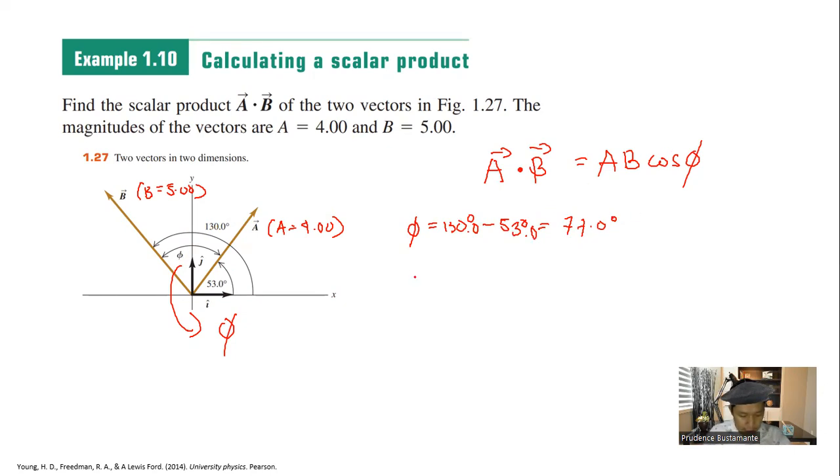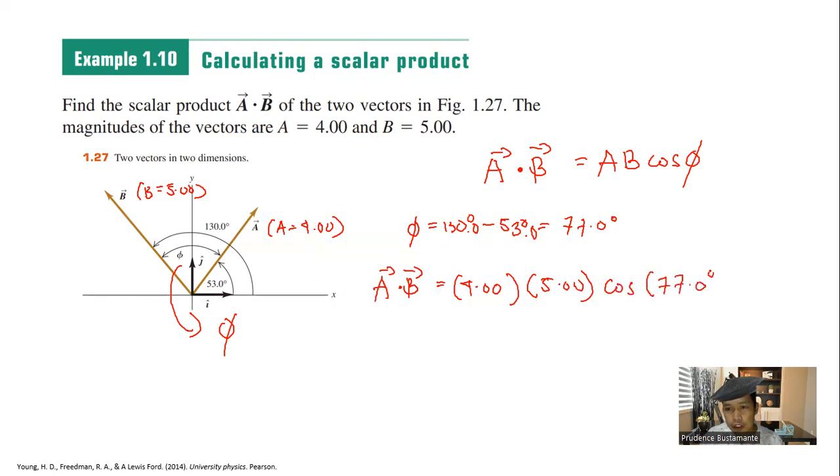We can now answer the question: what is the scalar product, or the dot product, of these two vectors A and B? A dot B is equal to A, which is 4, times 5, times cosine of 77.0 degrees.